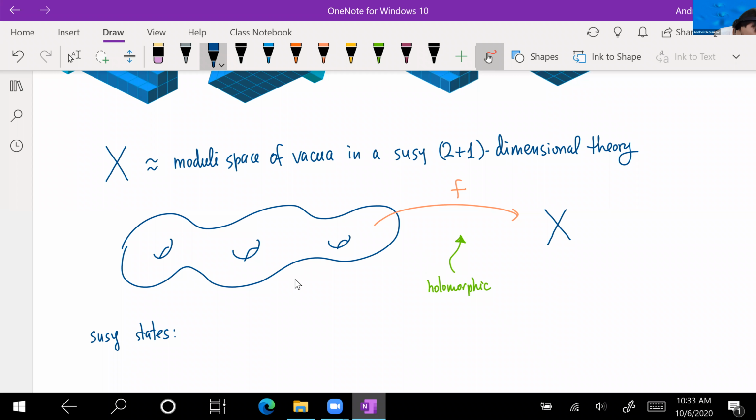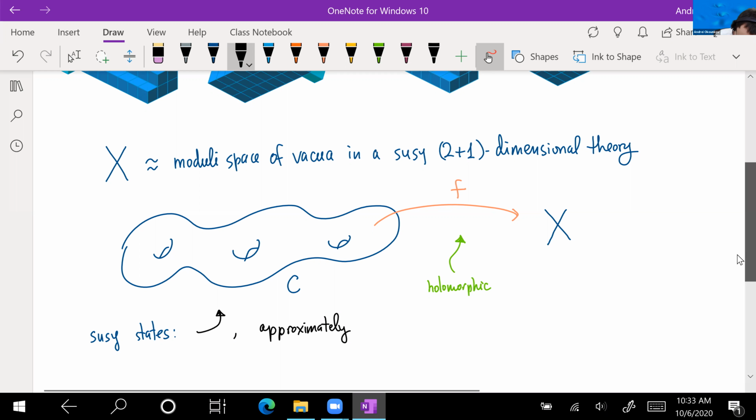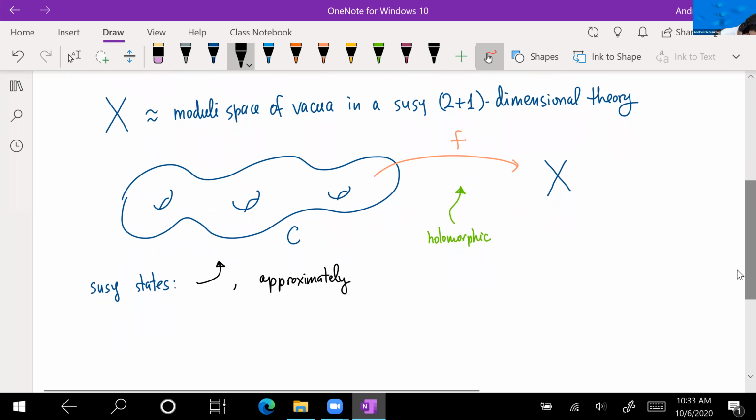So we have a Riemann surface C and a holomorphic map to X. I described it already. And then on this we need an index sheaf.